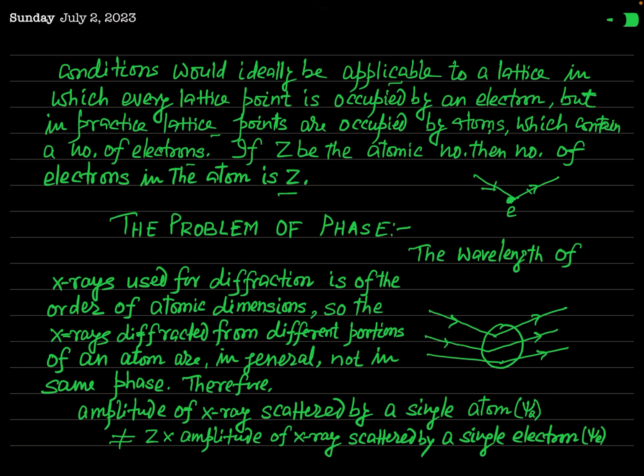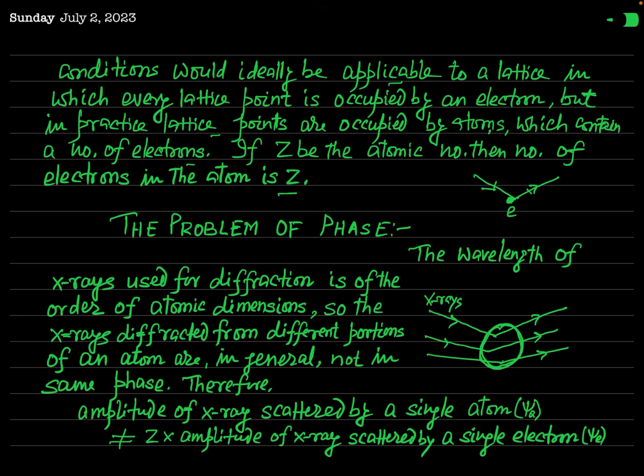Apart from this, there is also a very serious problem of phase. Let us consider that this small sphere represents an atom, and X-ray beams are incident on this. The X-ray beam will be scattered from the different points or different parts of the atom.